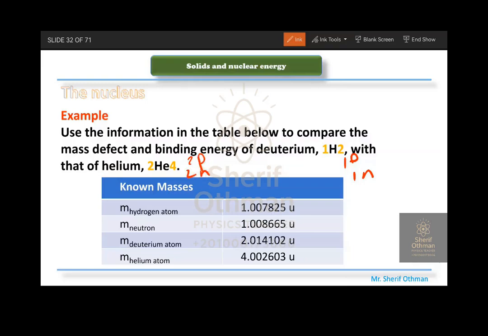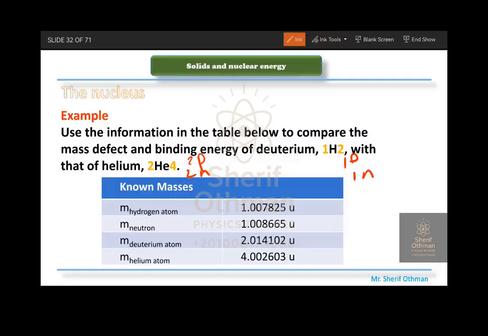We are going to calculate the calculated mass, the actual mass, and the mass defect to find the binding energy. He gave you the mass of hydrogen atom, the mass of neutron, the mass of the deuterium atom, and the mass of helium.